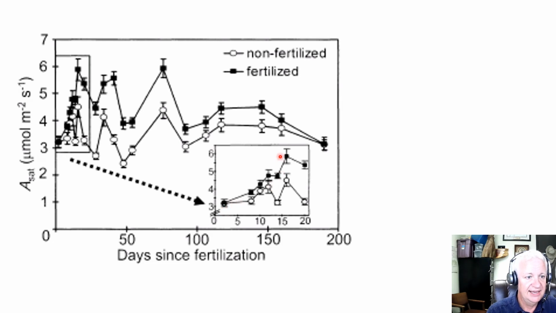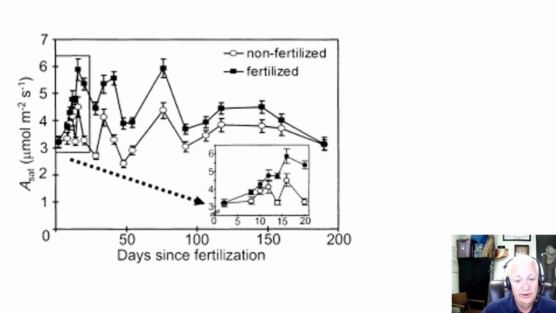What we see is that when we fertilize those pine trees, the photosynthesis rate does increase a little bit. And it increases for a little bit, but after a couple of months, that elevation in photosynthesis rate is done. It's gone.